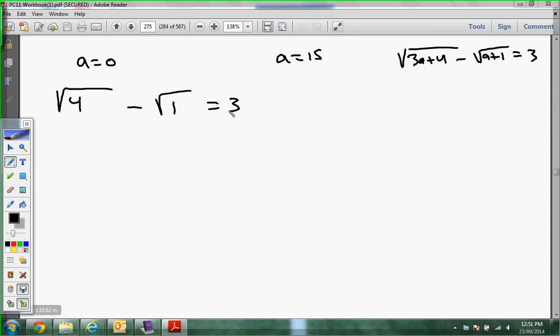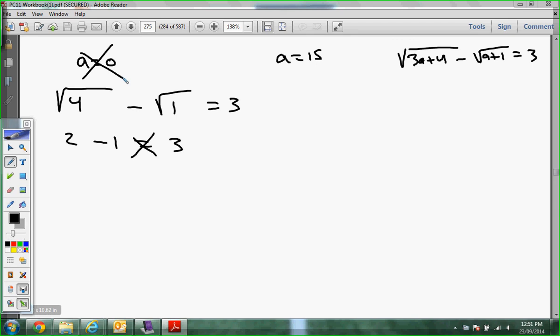That 0 goes away, so I have a 4 and a 1 inside. Square root of 4 is 2. Square root of 1 is 1. 2 minus 1 equals 3? No. So this one is not a solution. It's declined.